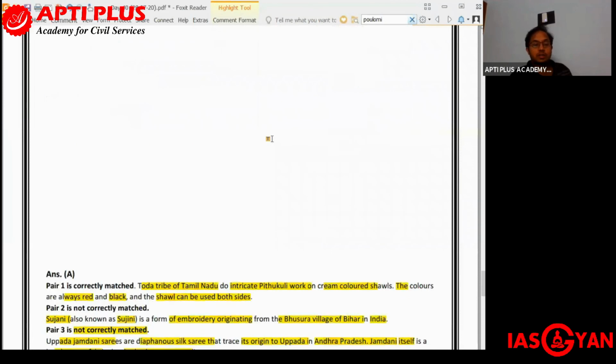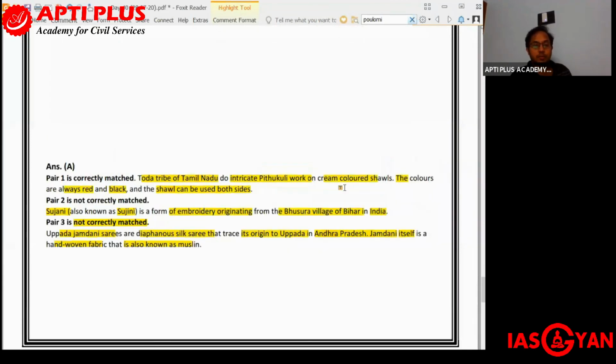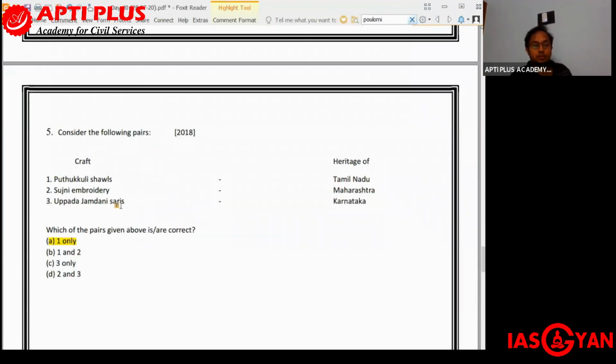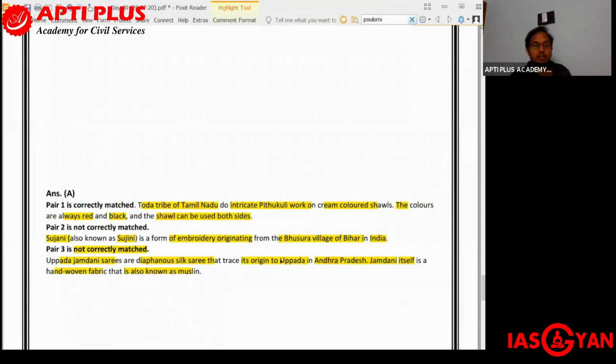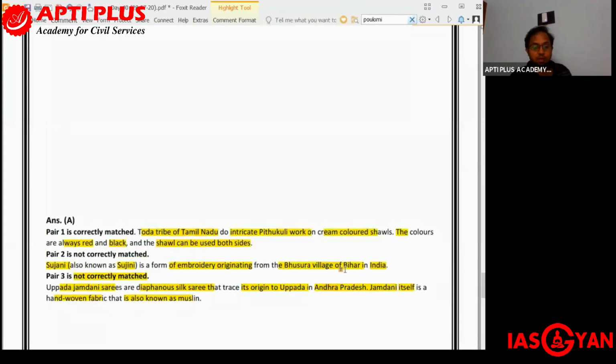Sujni embroidery is from the Busuda village of Bihar. And finally, Upada Jamdani saris are native to Andhra Pradesh. So we have to be aware of these terms from art and culture, which usually occur in the news.